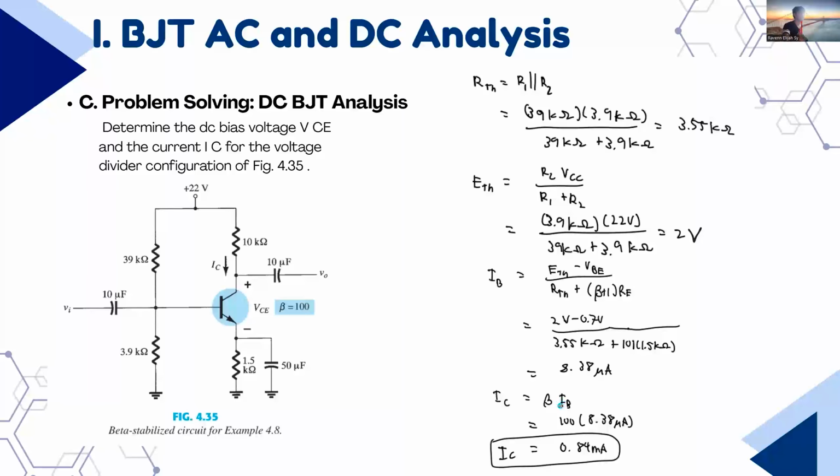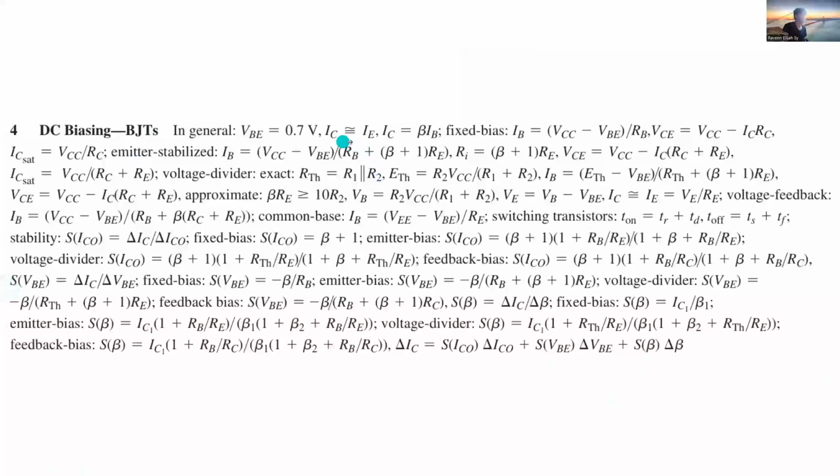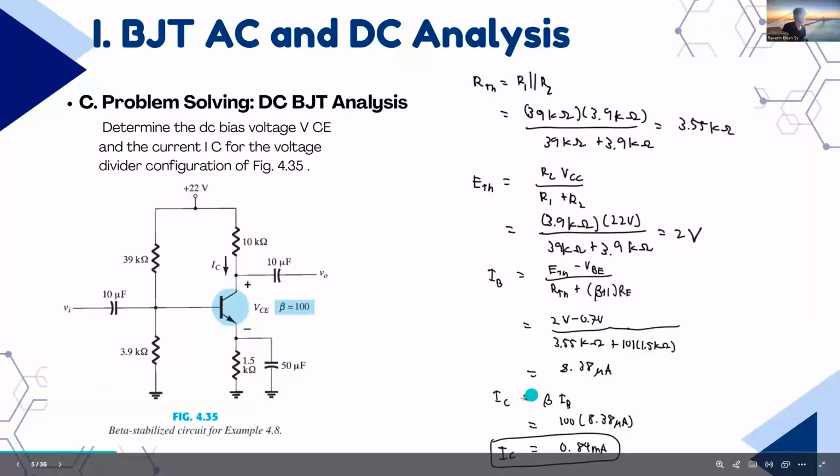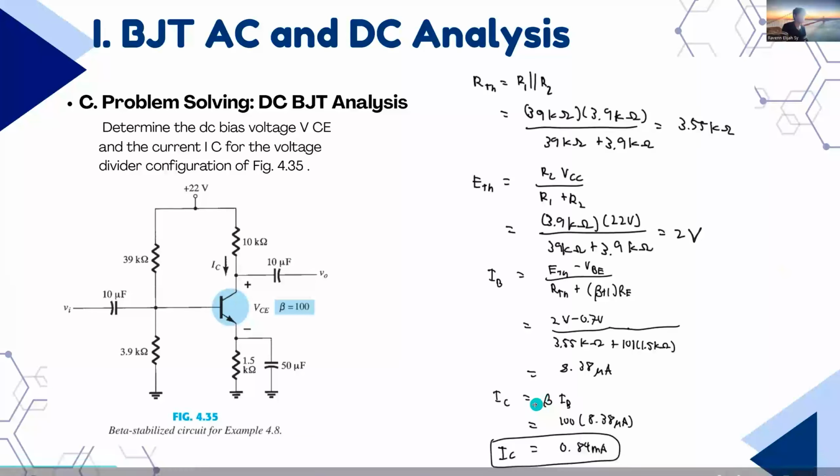And then finally, we get to compute the IC. Remember that IC is equal to beta IB. So we multiply IB with beta. Beta is given here, 100.